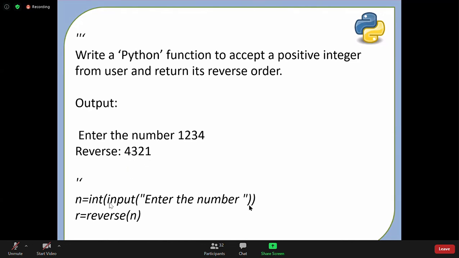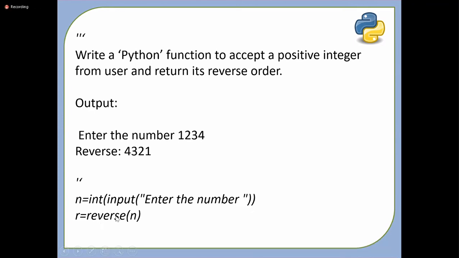So n is equal to int of input, enter the number, and it should call the reverse function, which is a user defined function, but should reverse and return the value. And when I print the value, it should print in the reverse order. I have given the main code. You have to just write the logic of reverse.